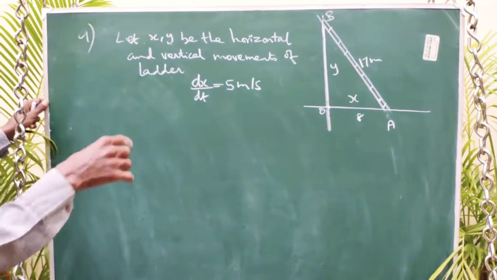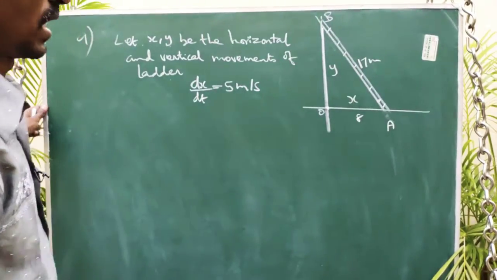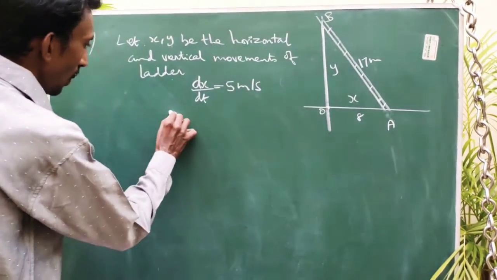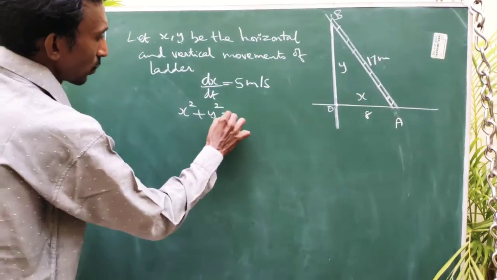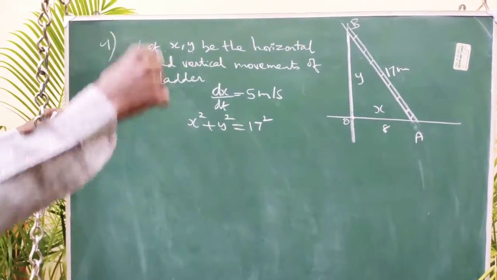Anyway, with the use of the right angle triangle, first we have to form an equation. So x square plus y square equal to 17 square. That is the equation, it is a right angle triangle.